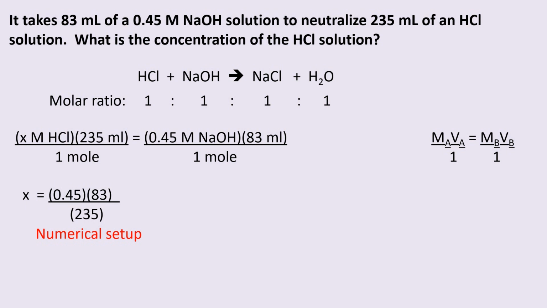Solving for x, we get x is equal to 0.45 times 83 divided by 235. This represents the numerical setup. Solving for x yields 0.159 molar HCl.